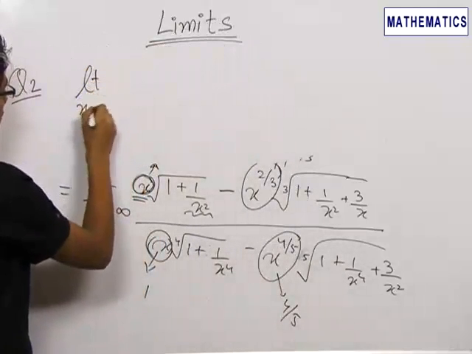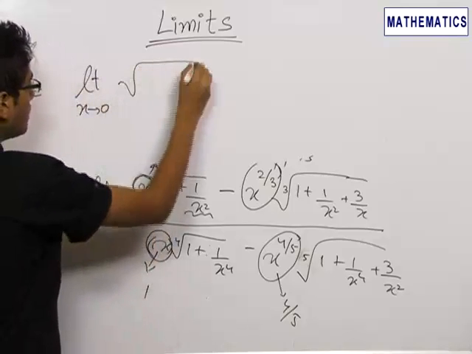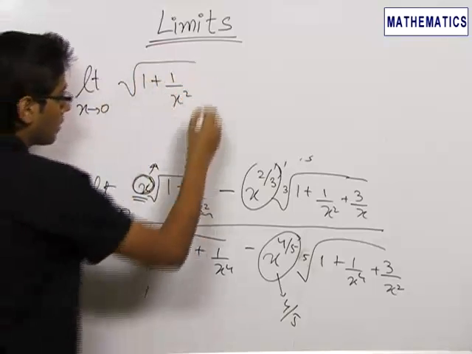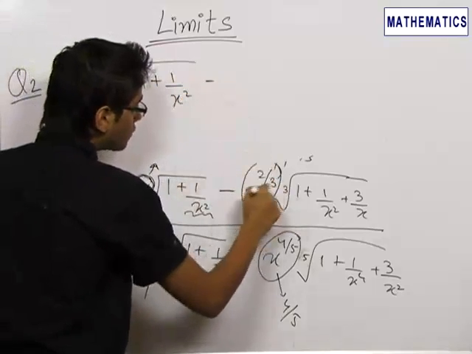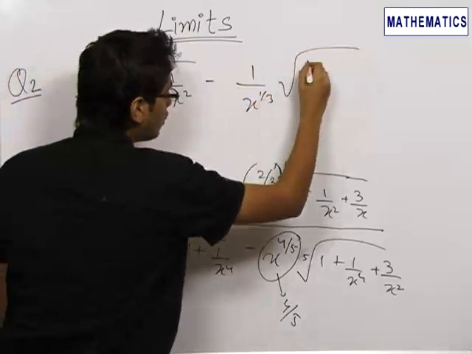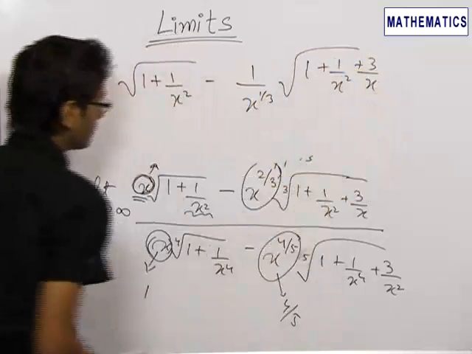So our question, on dividing the numerator and denominator by x, becomes limit x tending to infinity, square root of 1 plus 1 upon x square. On dividing this by x, we get 1 upon x power 1 by 3 into the cube root of 1 plus 1 by x square plus 3 by x.